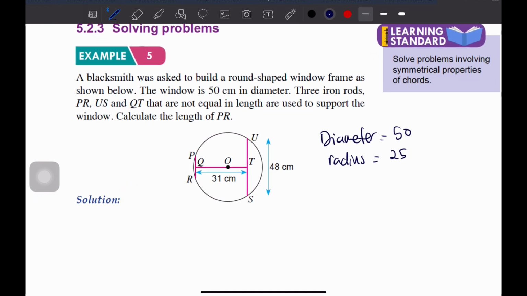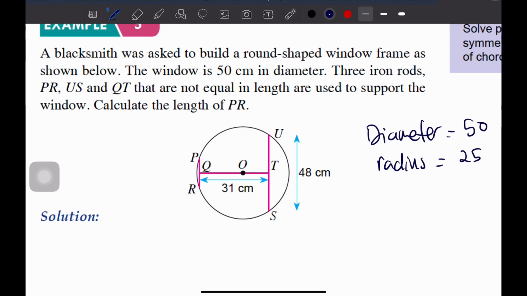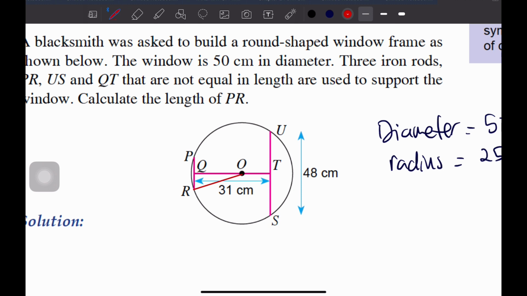I zoom in a little. First we know that the radius is 25. The radius is from O until R, right? So this is the radius. So the radius is 25.